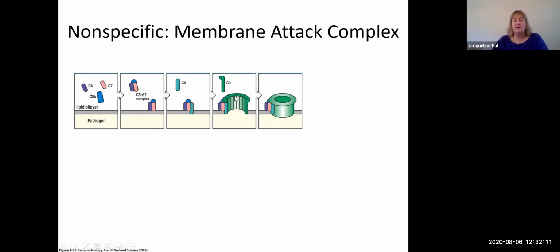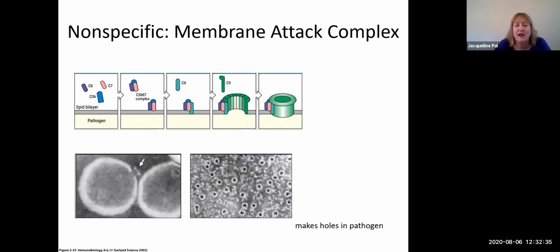And so what is happening? C9 pokes a hole, another C9, another C9, another C9. And if you notice, the C9s are going all around and forming a circle. And what do you think happens when you have something poking all the way through the plasma membrane in a circle? What is going to be the net result of that? That's right, you're going to have holes, okay?